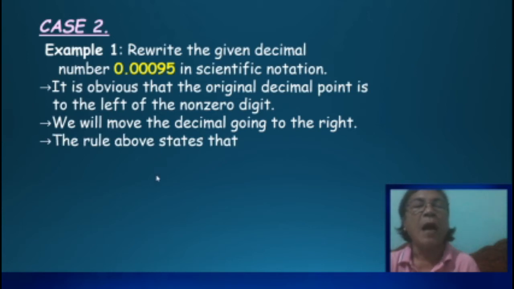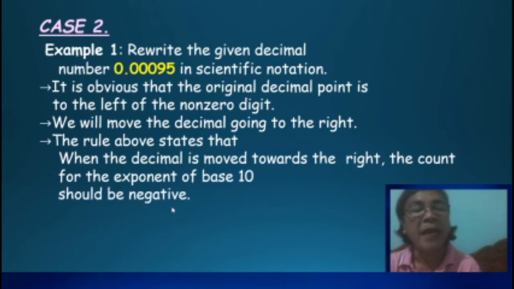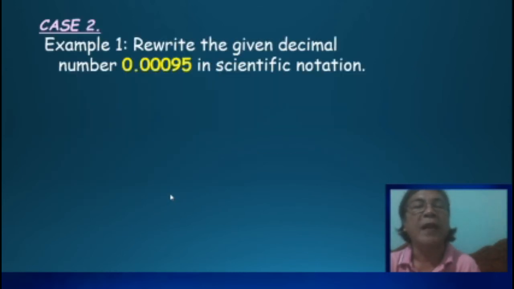The rule states that when the decimal is moved to the right, the exponent of the base 10 will always be negative.